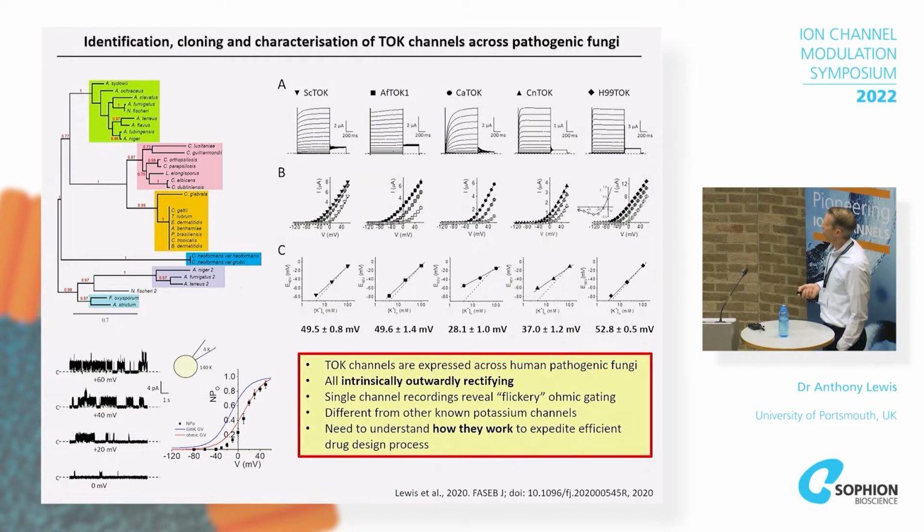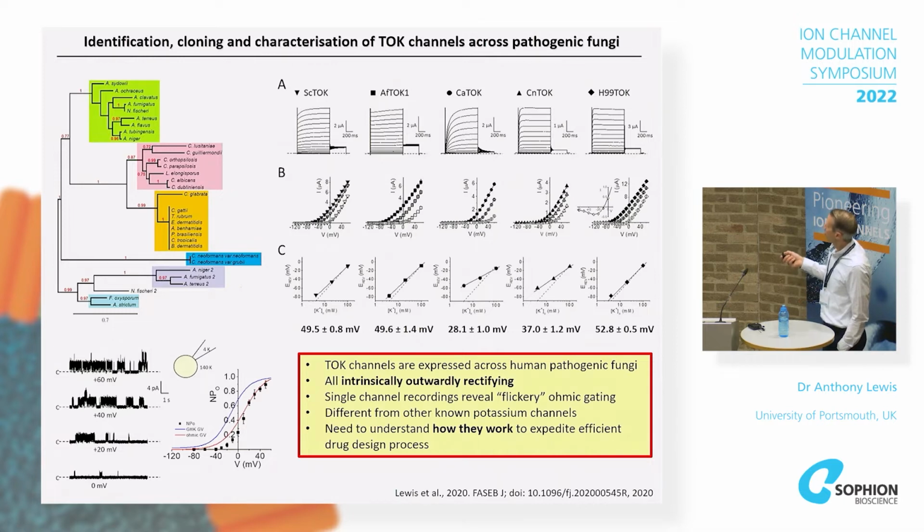And when you express these in Xenopus oocytes, these are recordings through expression in oocytes by TEVC, you can see that they generate robust currents, and from the IV curves here, you can see that they are sensitive to changes in extracellular potassium. So the black symbols represent 4K, the grey symbols 20K, and the white symbols at 100 millimole extracellular potassium.